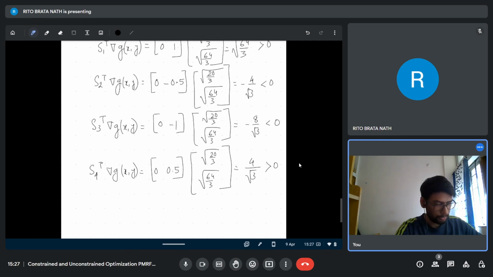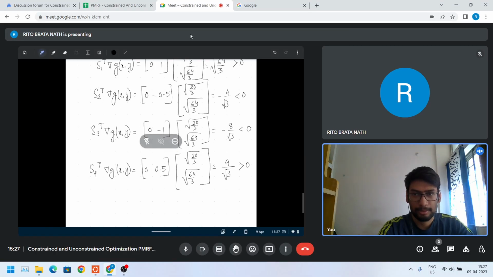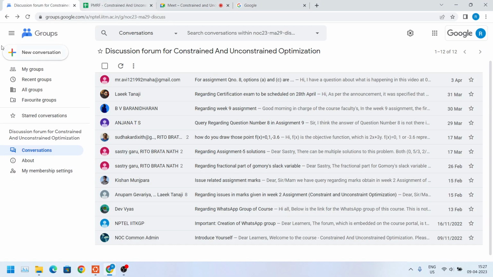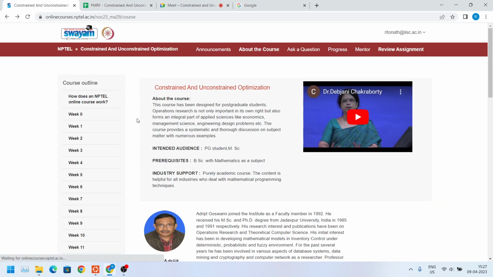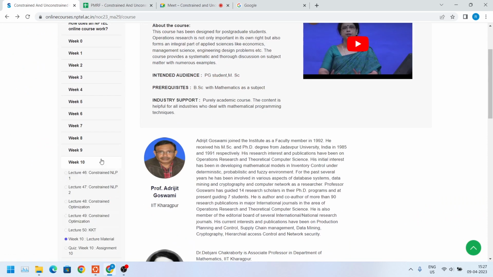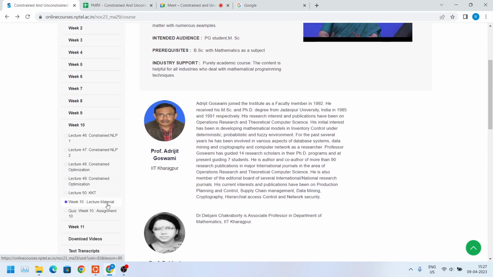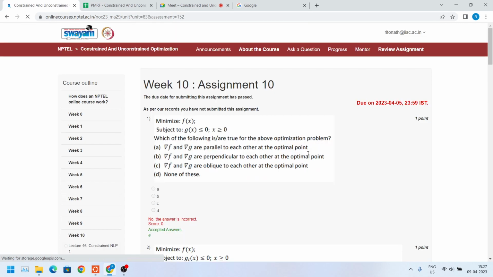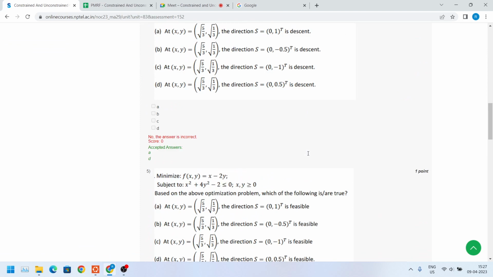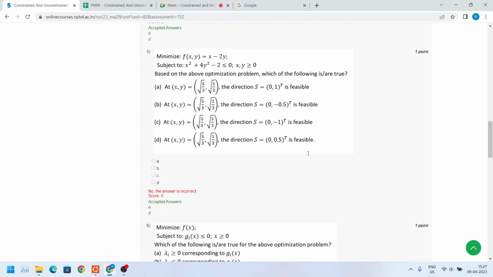That's the confusion in this problem. Let me check what answer was provided. Just a minute. Yeah, A and D is the correct one.